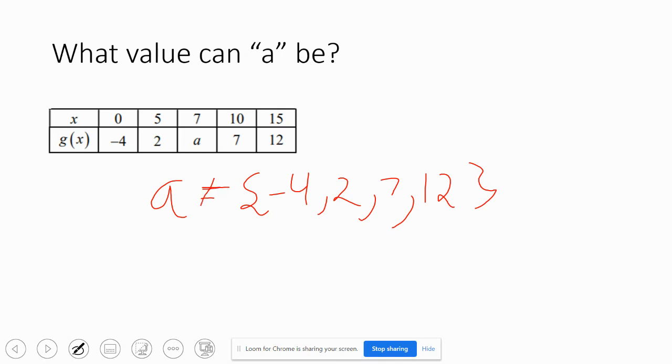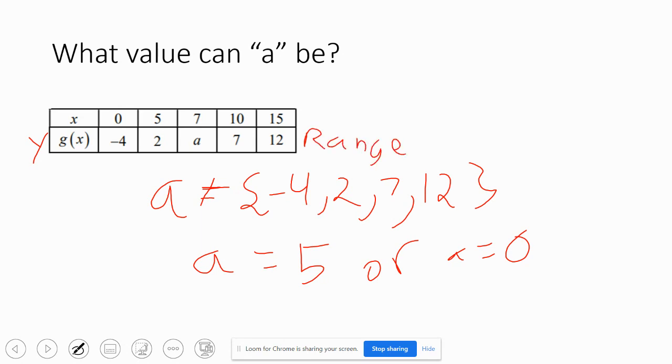So a could be, let's say, 5, or a could be 0. It has to be some number that could be a 7, but it cannot be -4, 2, 7, or 12, because you cannot have repeats in the range, or y. In this case it is g of x.